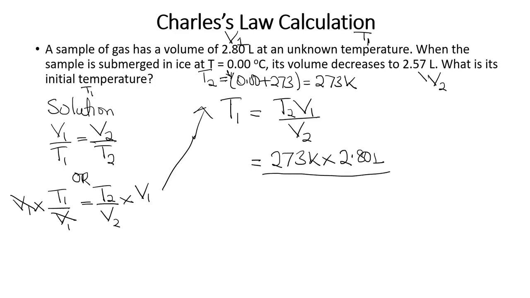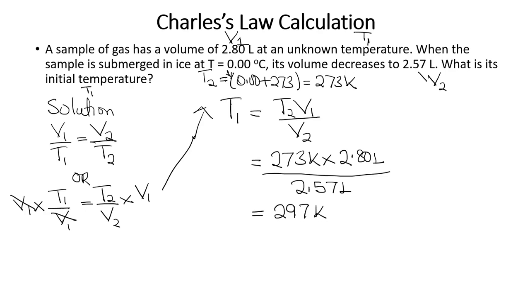The V2 is 2.57 liters. So this calculation gives us a T1 of 297 Kelvin.